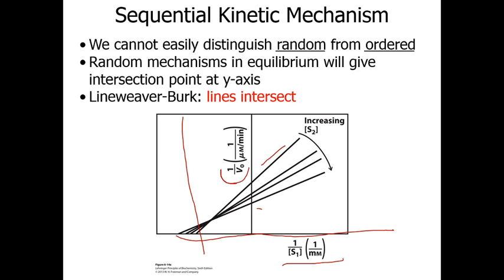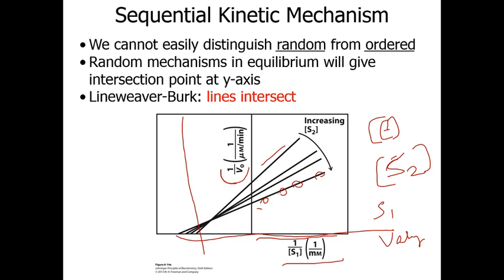Now, the way this experiment is done, unlike the original one substrate, one reaction experiment, in this case you are keeping the enzyme concentration constant and keeping substrate 2, or S2, concentration constant, and you're varying S1. S1 is varying, and hence you get lots and lots of concentrations of S1.